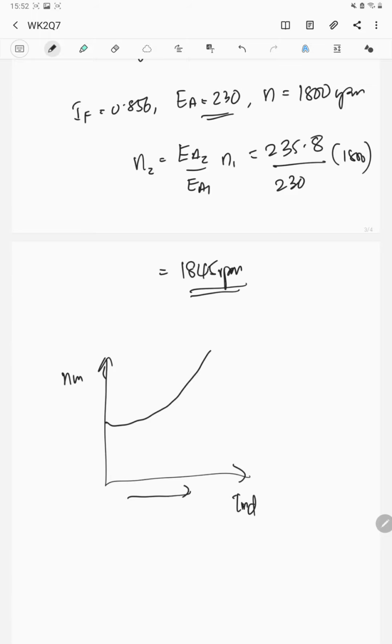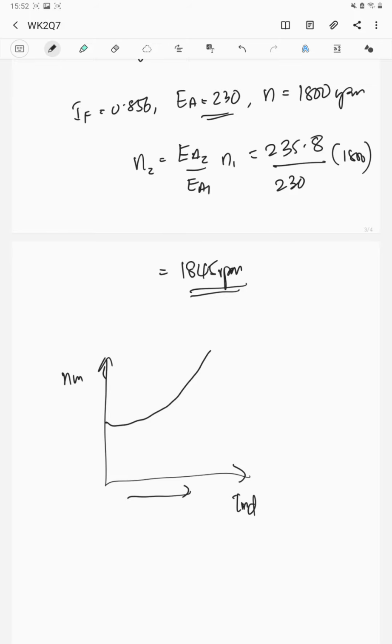This instability is much worse than that of a shunt motor with armature reaction. Therefore it is not intentionally used for any application.